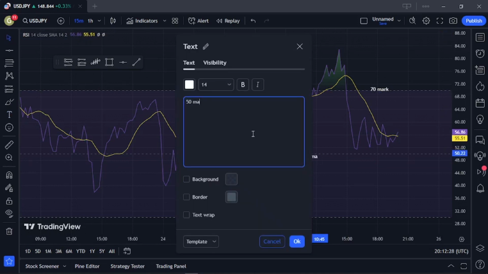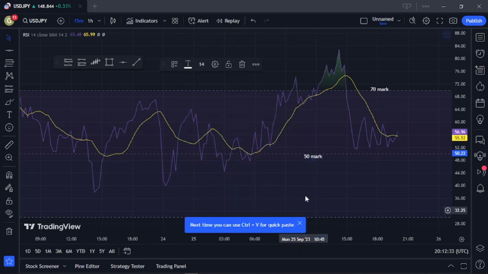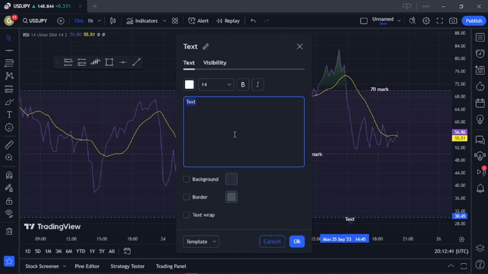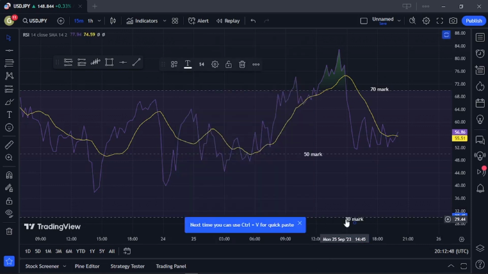I'm just going to mark out every single part of it so I can give you every explanation. So here it's known as the 50 mark, and then the final one, the most used part of it, is the 30 mark. So here is the 30 mark.